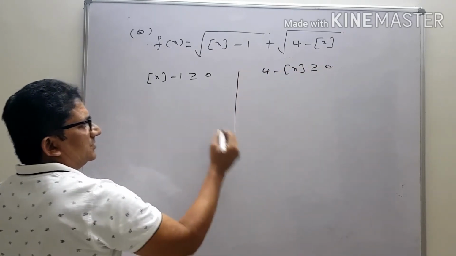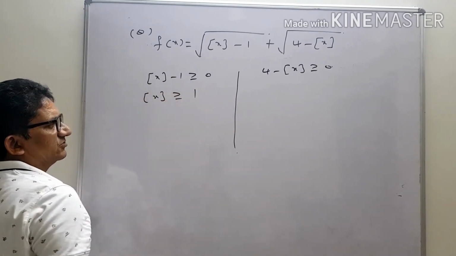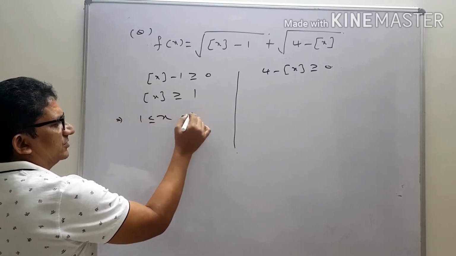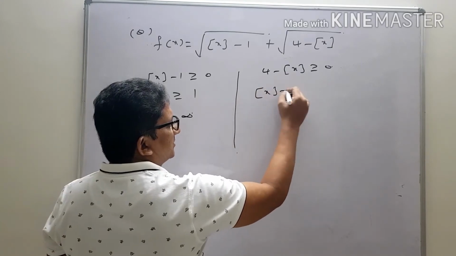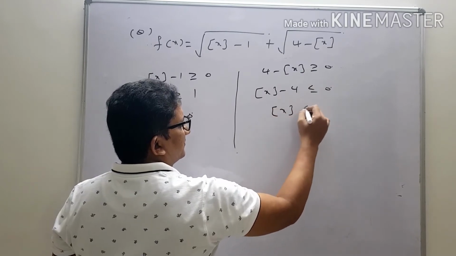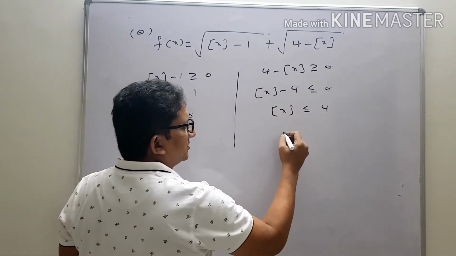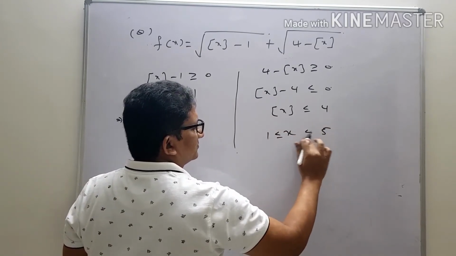Two parts. In the first part, clearly the greatest integer function is greater than or equal to 1, which implies x lies between 1 and infinity. The next part: if we multiply by minus, step of x minus 4 is less than or equal to 0, so step of x is less than or equal to 4, which means x lies between 1 and 5.